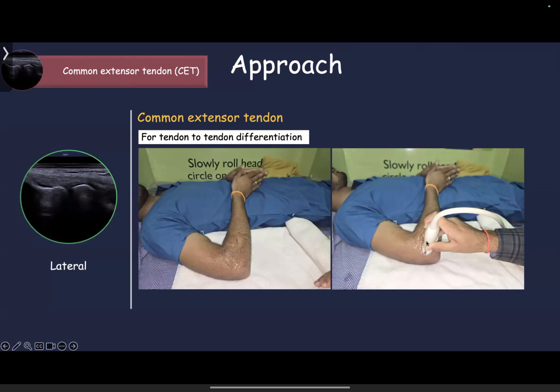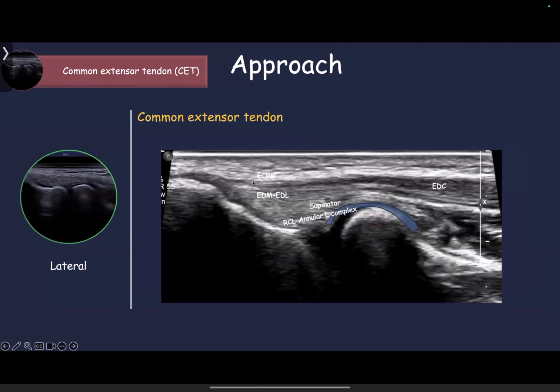So again, we'll put the probe along the lateral epicondyle. What we'll get is this image. This hyperechoic structure is the extensor carpi radialis brevis. This is the muscle belly of extensor digitorum communis. Then we have extensor digiti minimi and extensor digitorum longus, a combined unit which will attach as a common extensor tendon, and we have the supinator, and below it we have the radial collateral ligament and annular ligament complex, right?